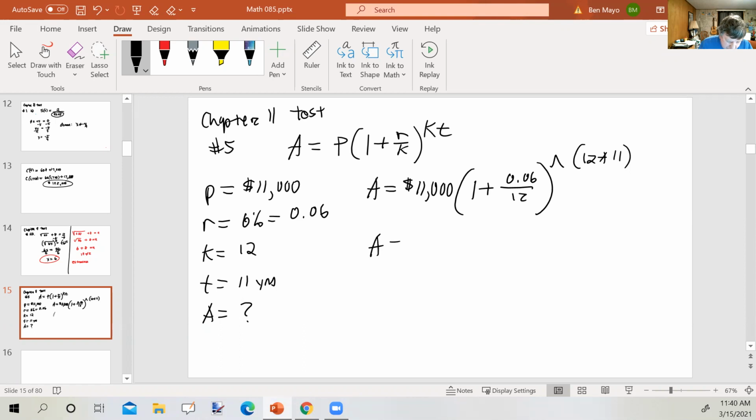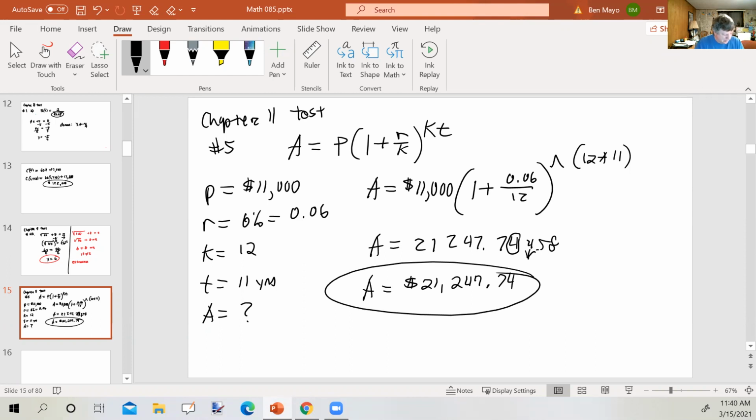I get 21247.74458. Rounding to the nearest cent, the 4 would round down. So I get $21,247.74.